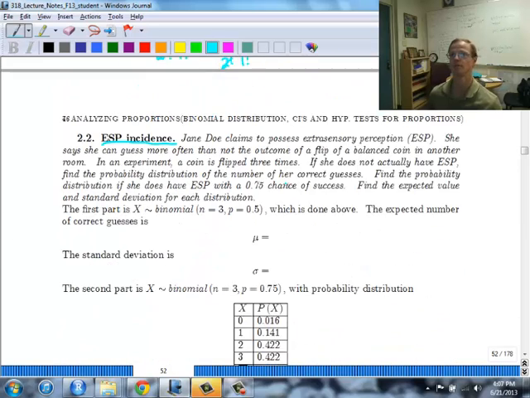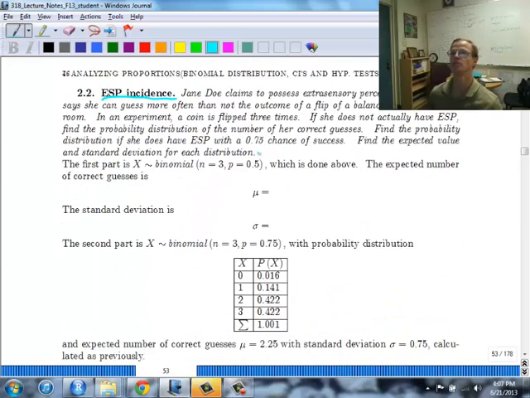Okay, done. Now, let's suppose that she does have ESP and she's at 0.75 probability of success. So, if we do that, let's see, this one says it's done above. If we do that, then we're going to have to come down here. We'd like to make a note in passing, though. The expected number of correct guesses of Jane.